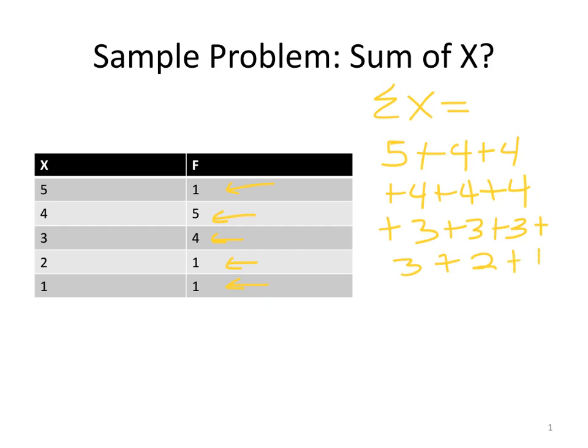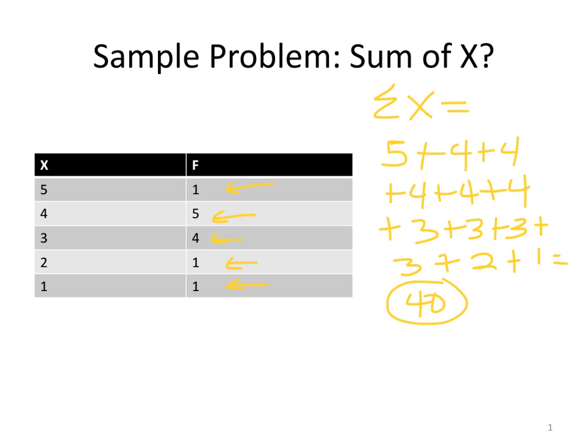So what you would then do is you would go to your calculator and you would add those all up. So we have 5, and then we have 4 occurring 5 times, so that would be 20. And then we have 3 occurring 4 times, which would be 12. And then you have 2 occurring 1 time, which would be 2, and you have 1 occurring 1 time, which would equal 40. So your answer to this problem would be 40.